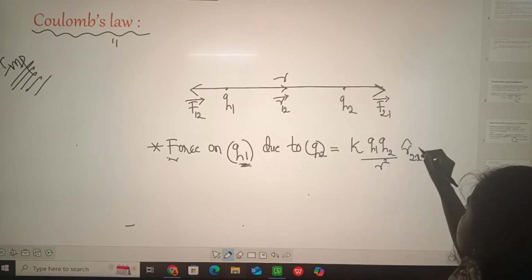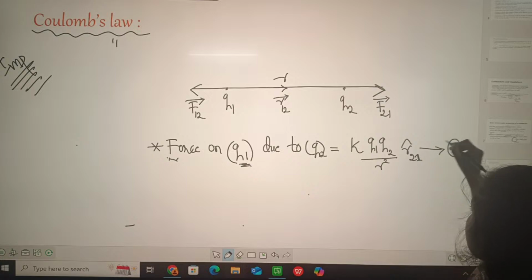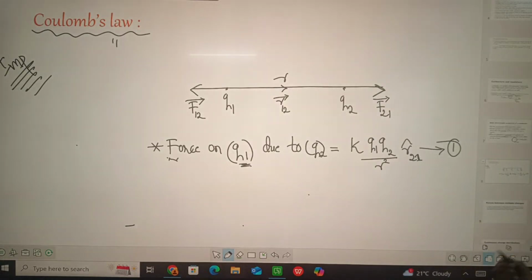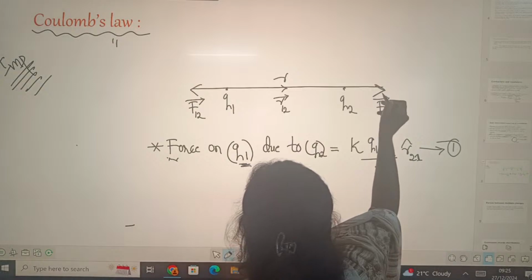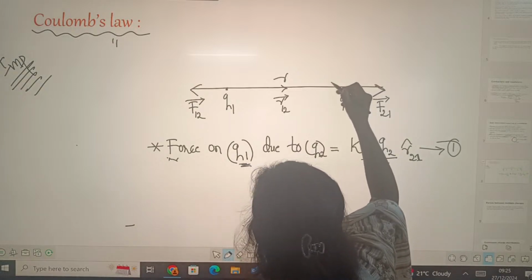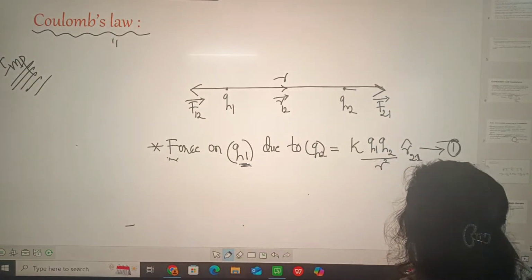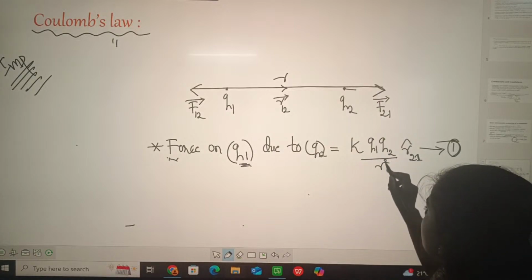This can be written as equation number 1. So the force on Q1 due to Q2 is K into Q1 into Q2 divided by R square into R cap 21.